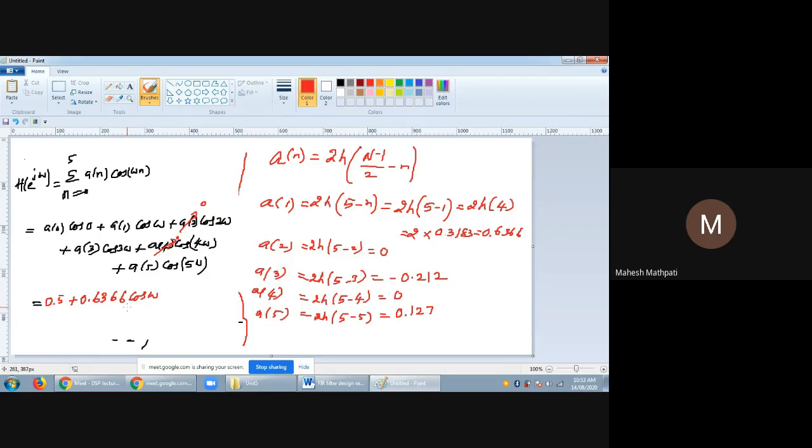It is simple, not difficult. Plus, what is the value of a of 3? A of 3 we have is minus 0.212 cos 3 omega. Then lastly we have a of 5, which is 0.127 cos 5 omega. Let's call it equation 1.